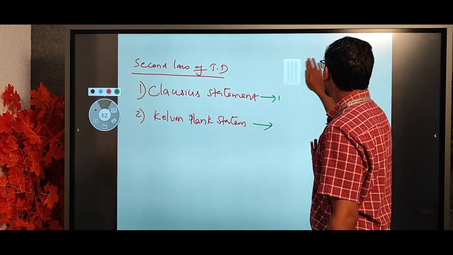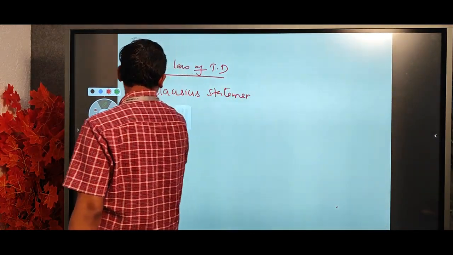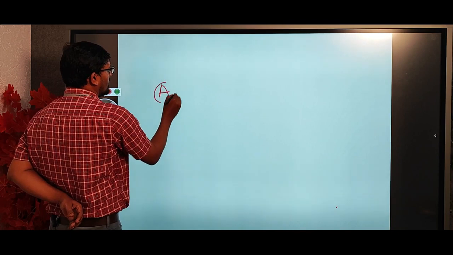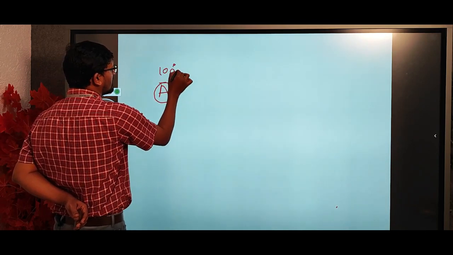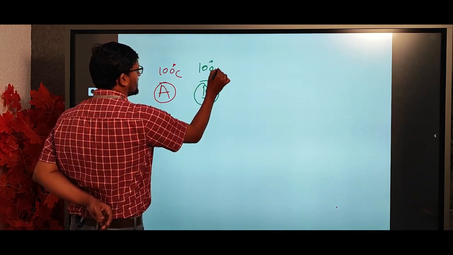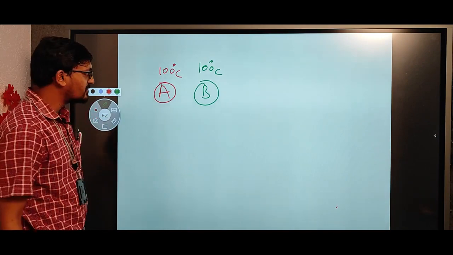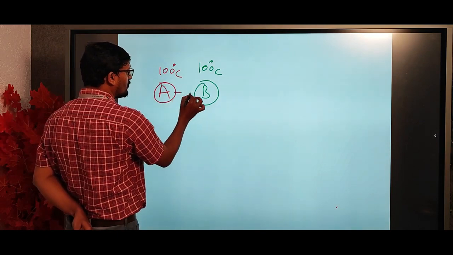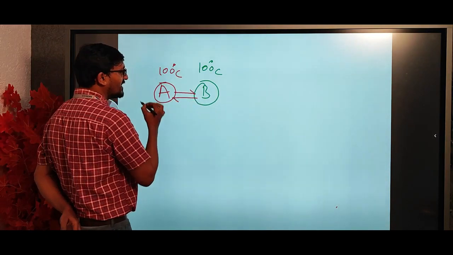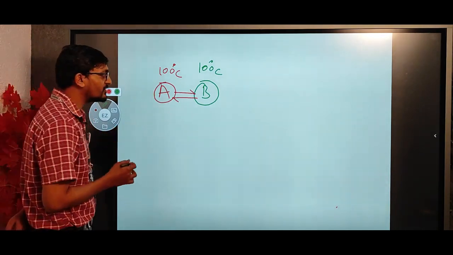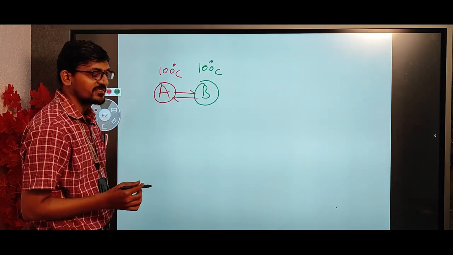When is this heat transfer possible? Let's suppose consider body A is maintained at a temperature of 100 degrees Celsius and body B is maintained at 100 degrees Celsius. Now is there any chance to transfer heat from body A to body B? No, because these two are in thermal equilibrium with each other, right? Because body A is having 100 degrees Celsius, body B also having 100 degrees Celsius.